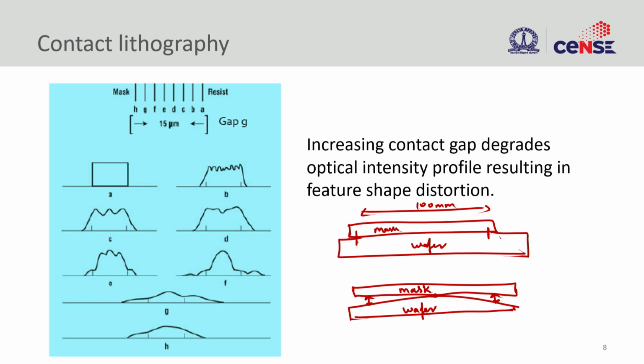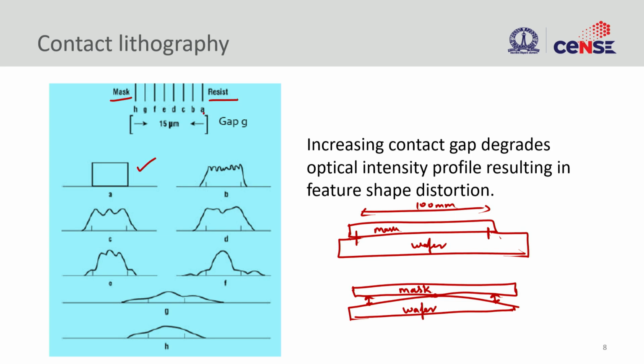Here what we are trying to see is the effect of gap on the optical intensity. If the distance between the resist and the mask is 0, that is if the mask position is at A, there is no gap at all, then you get this ideal step-like response.